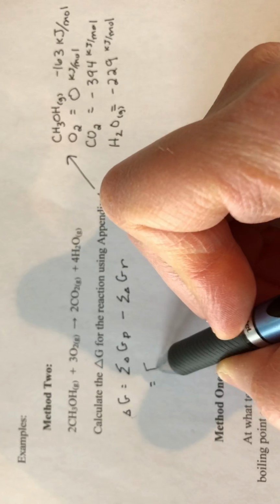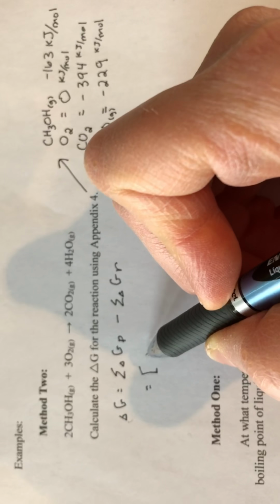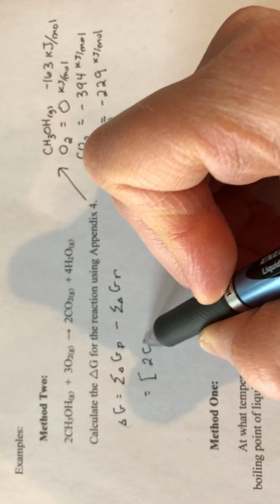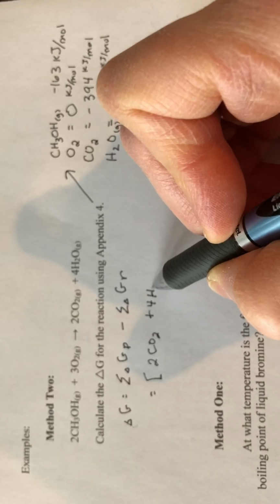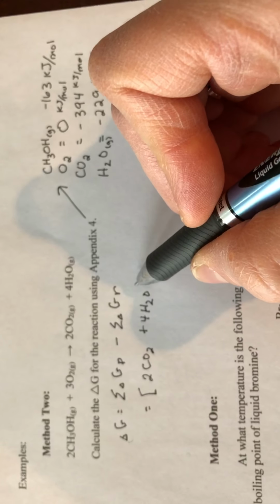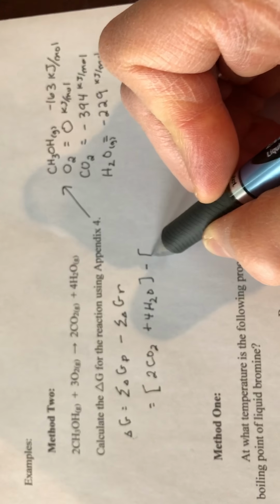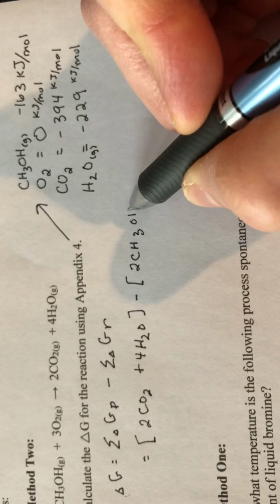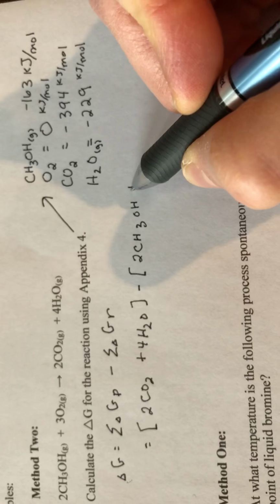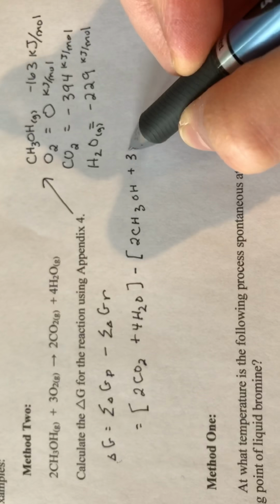Okay, we're going to add this together. We've got 2 CO2s that we need to worry about, 4 gaseous waters. Close that down, subtract that away from the 2 CH3OH plus the 3 oxygens.